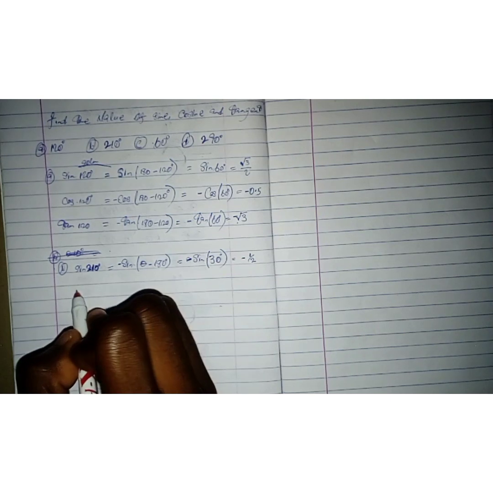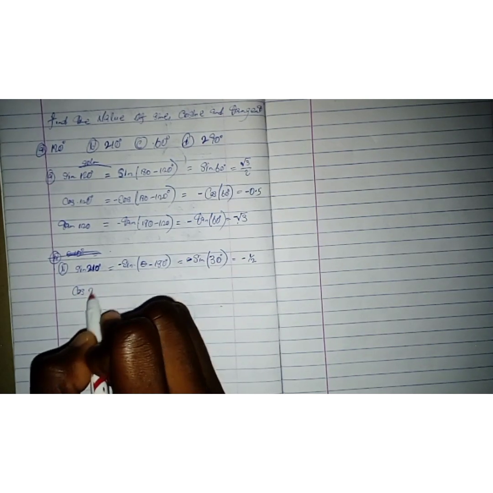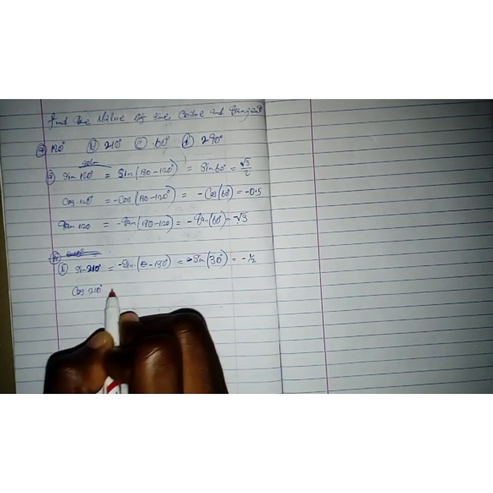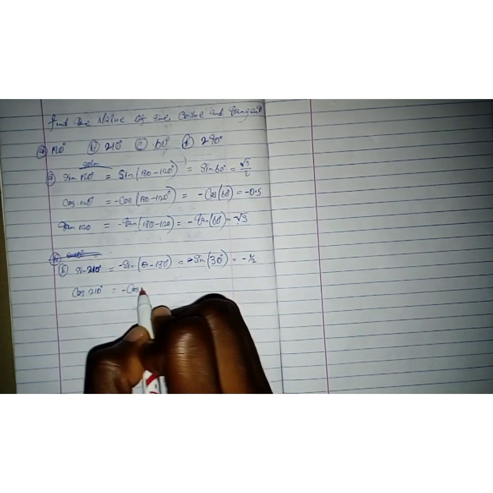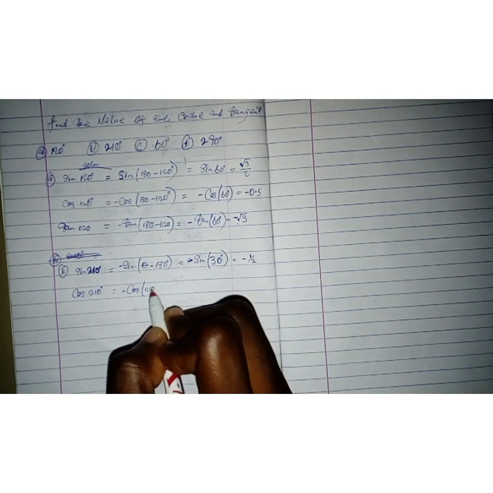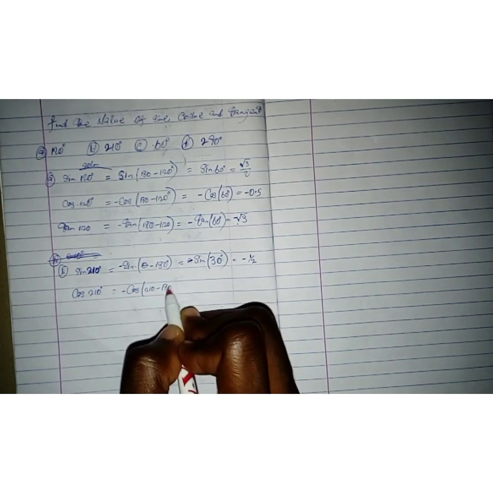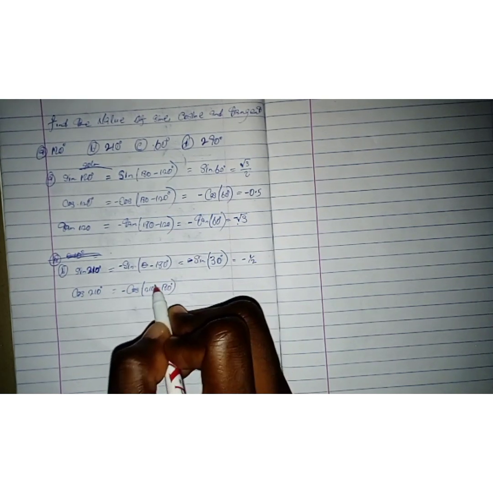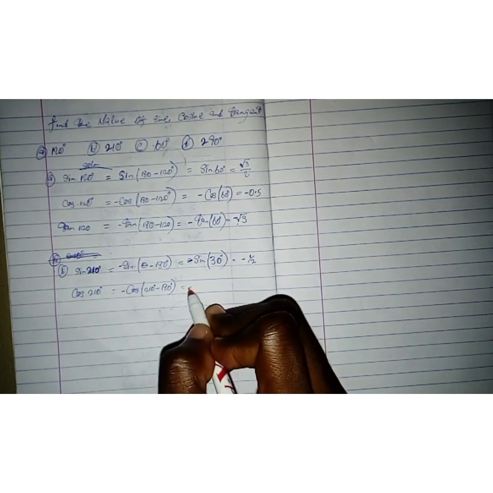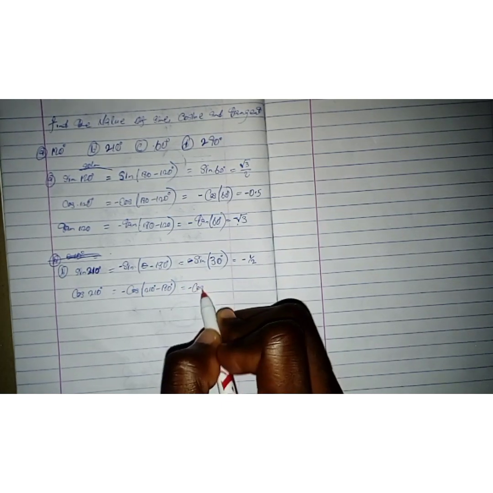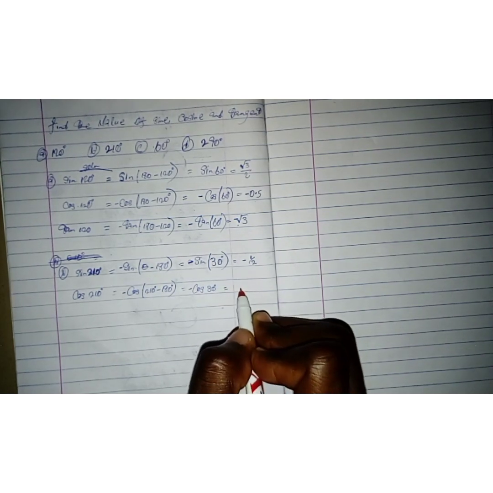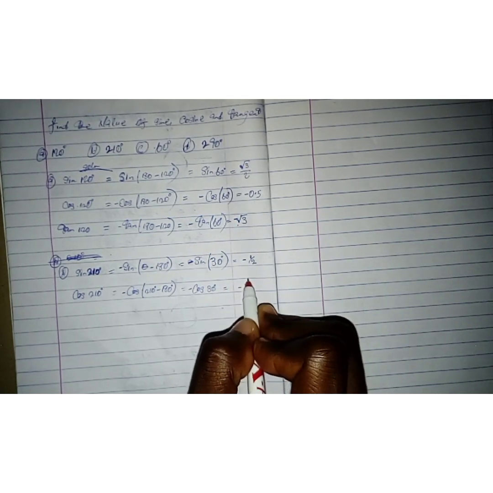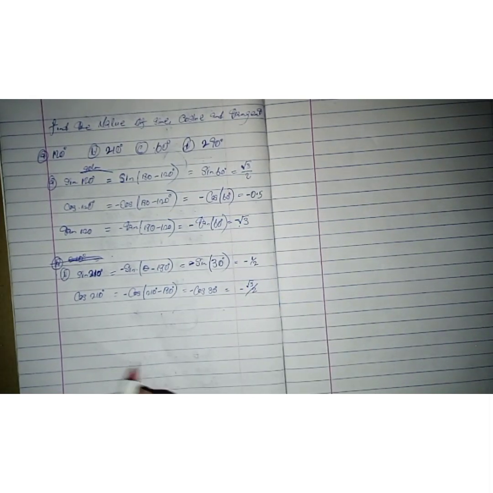And for cos theta, which is cos 210 degrees, it would be negative cos of 210 minus 180 degrees, and this would give you negative cos 30 degrees, which is negative square root of 3 over 2 at the third quadrant.